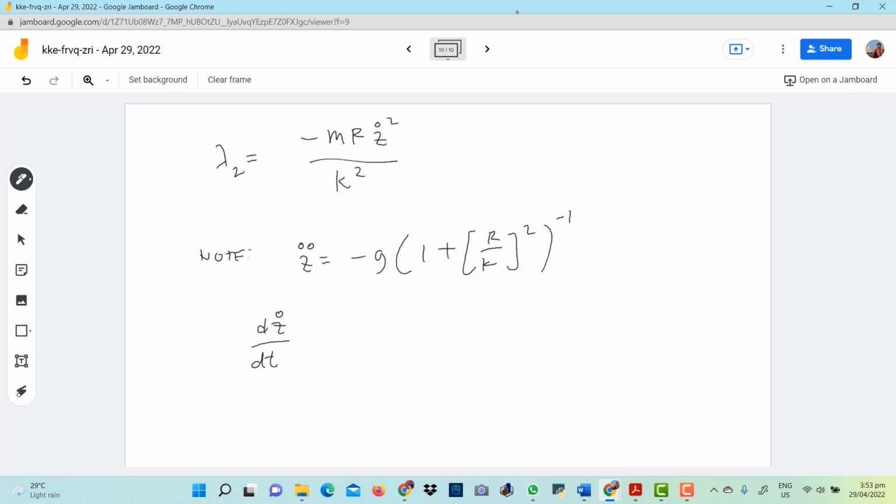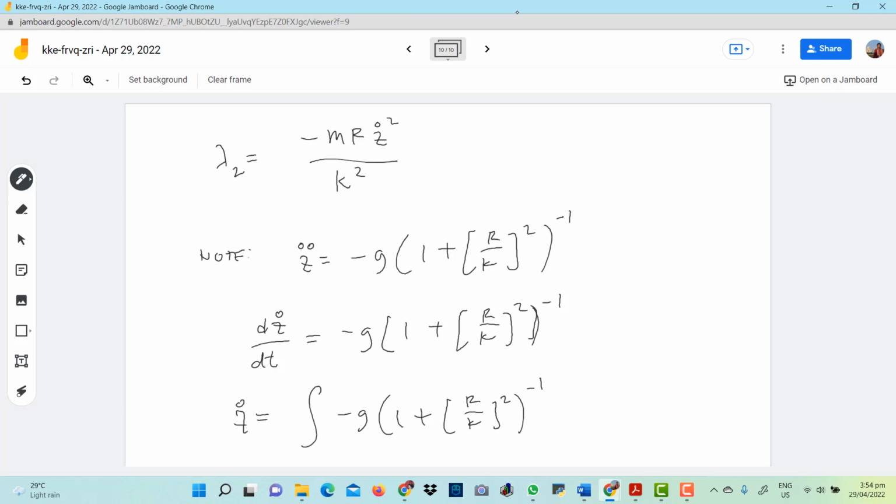So what you need to do is integrate. It's easy because it's a constant. So the z dot here is just the integral of minus g times 1 plus r over k square raised to the power of negative 1 dt.